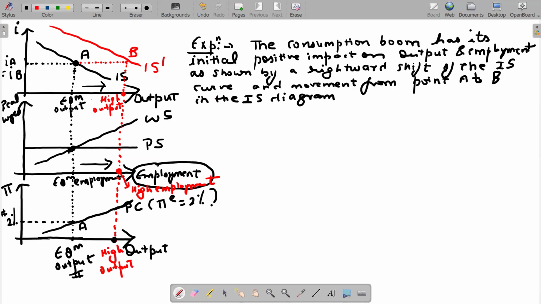Okay, so now let us see what is going to happen further. Now let us see what is going to be the impact of the shift in the IS curve on the second and the third diagram.